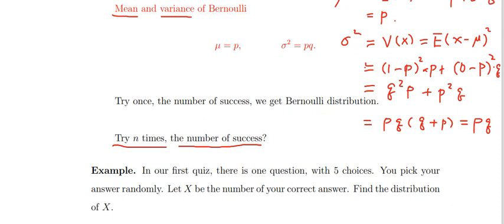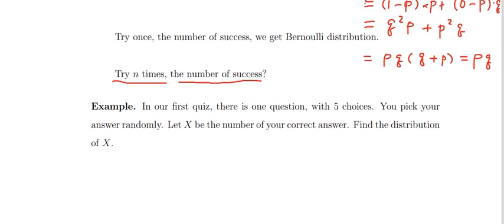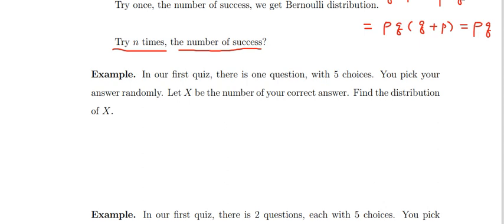Now let's check some examples. Suppose in our first quiz we have only one question. This is a multiple choice question with 5 choices, A, B, C, D, E. You pick your answer randomly, which means you don't know the answer and just pick A, B, C, D, E randomly.